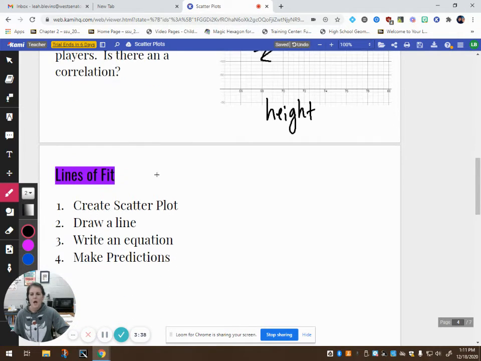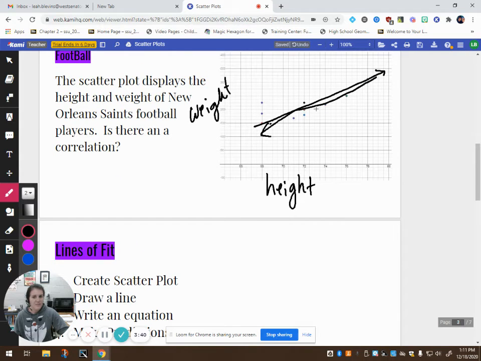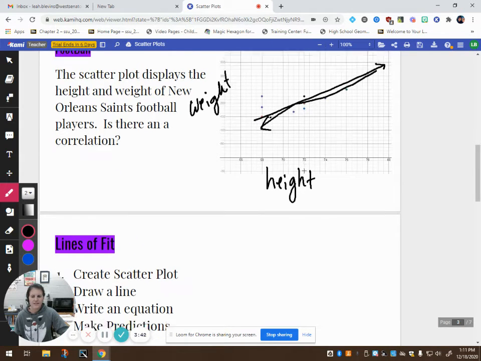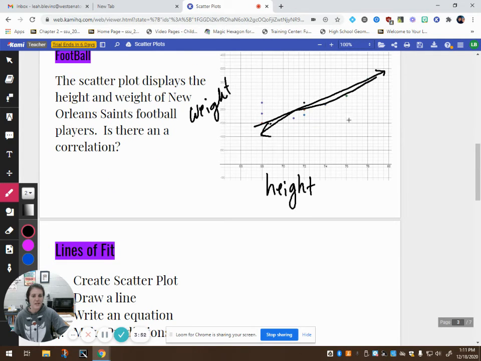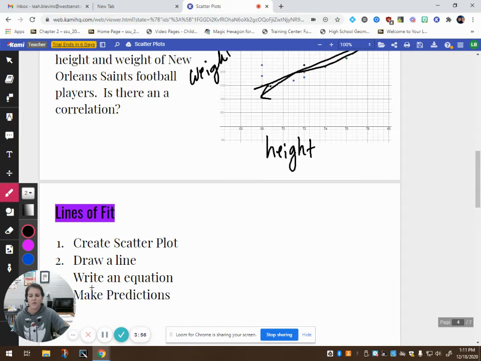So how do we create this line of best fit and what would we do with it? That's the next thing I want to talk about. So first we take the information that we're given, we create a scatter plot. Then we draw a line to connect the points as best as we can, or a line that passes through the middle of the points. And then from that, we can pick out 2 points that lie on that line and write an equation.